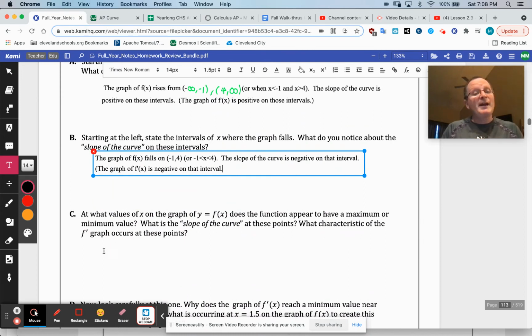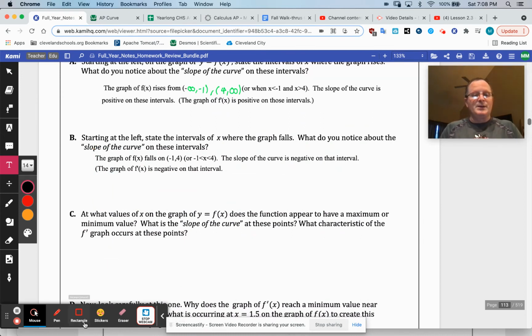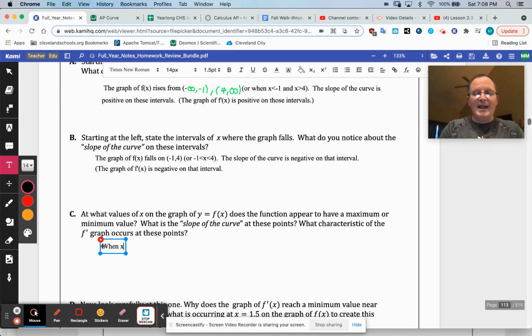But it says what value of x, so that's all we're talking about. So I will say when x equals -1 or about, the function has a maximum.